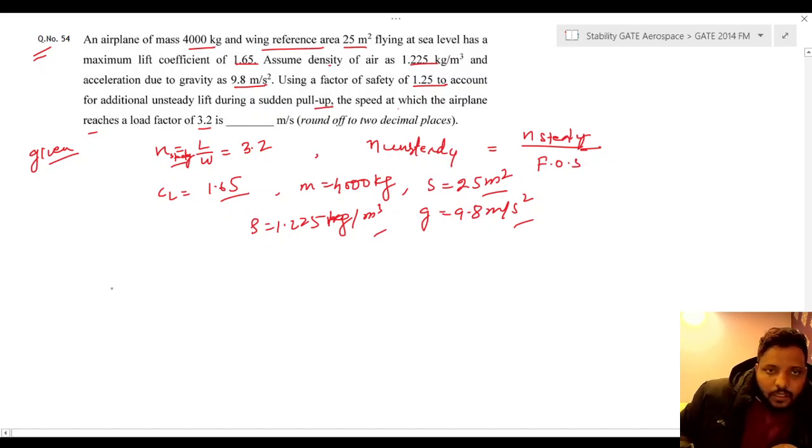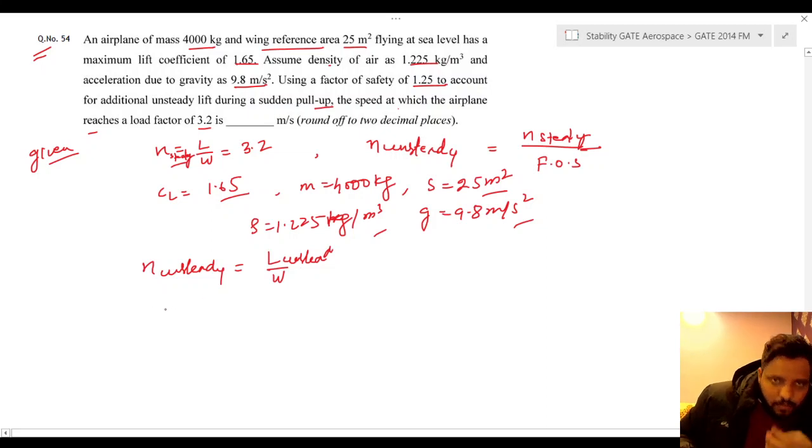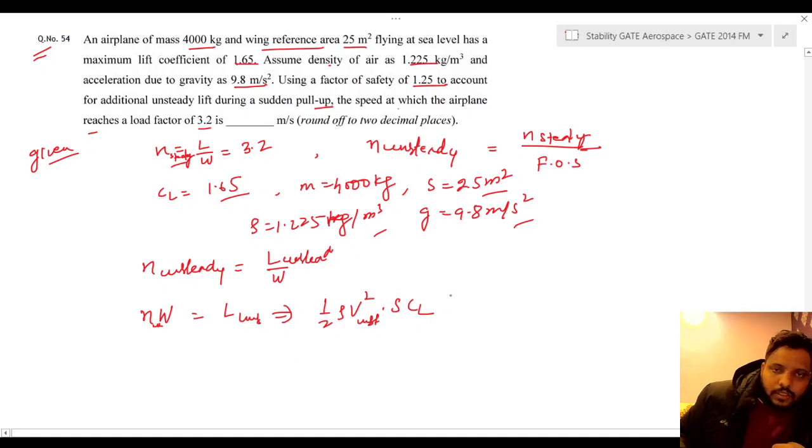Now if I write n unsteady, it is L by W. So L unsteady, or simply n unsteady W, is equal to L unsteady, or half rho V unsteady square S into CL, which is equal to n unsteady into weight.